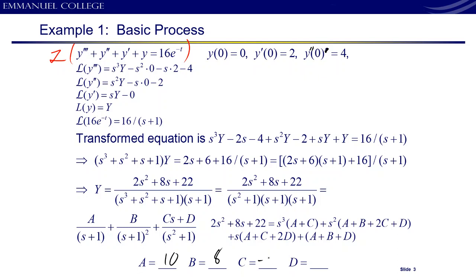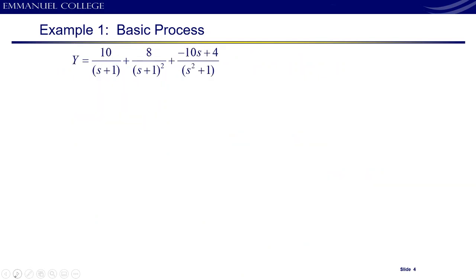Let's see, C is negative 10, and D is 4. So, again, not the nicest thing in the world, but with time, you could find it. So with all that in place, we now have y equals 10 over s plus 1 plus 8 over s plus 1 squared plus negative 10s plus 4, all over s squared plus 1.